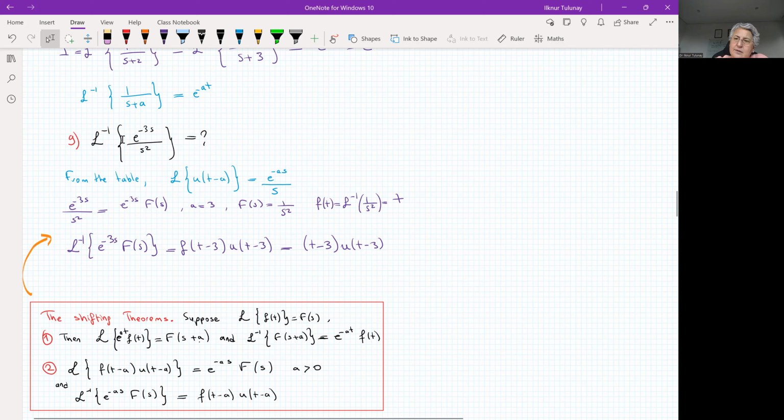And almost there, right? That's that. Now, how can we think of e^{-3s} over s squared in terms of the shifting theorem, right? It looks like this, right?